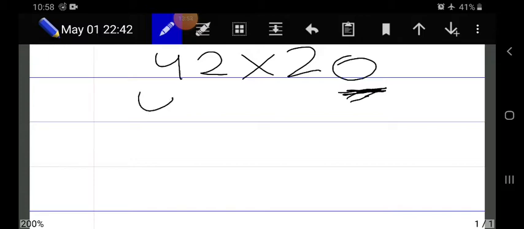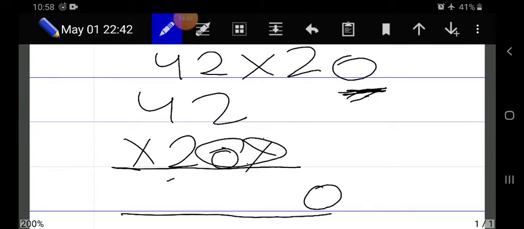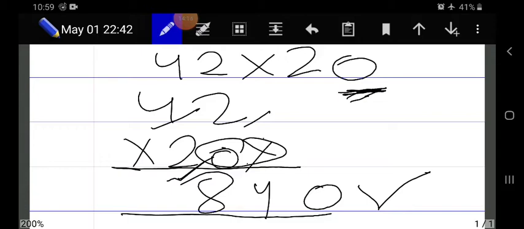Simply 42 multiply by 20. As there is a 0, we are going to simply write this 0 here. Now forget this 0, and simply multiply: 2 2s are 4, 2 4s are 8. So the answer is 840.